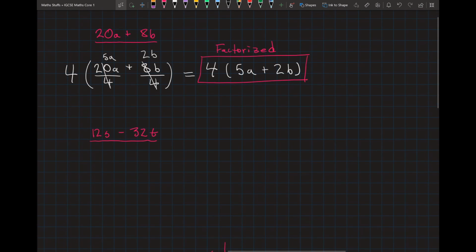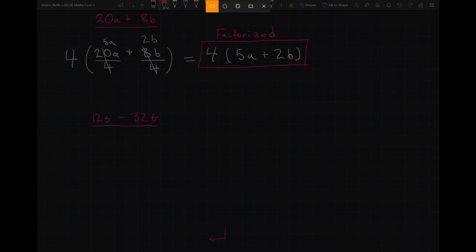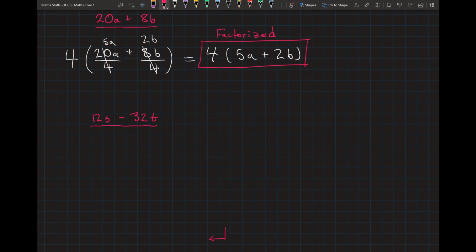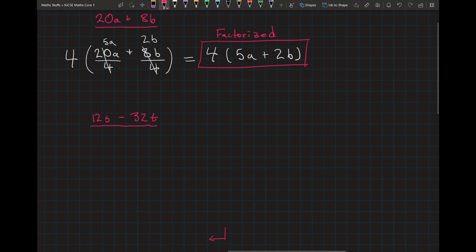This time we've got 12s minus 32t. So the coefficients, the variables, and the operator have changed.